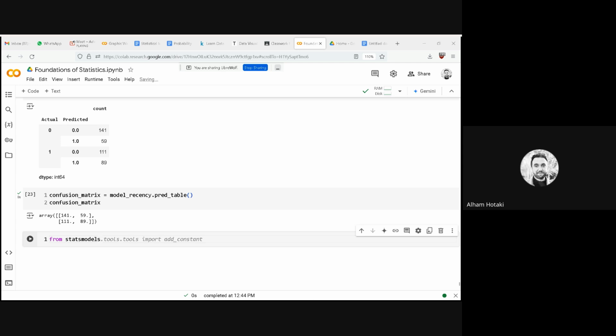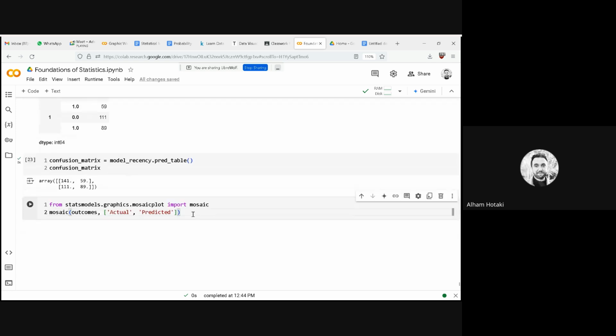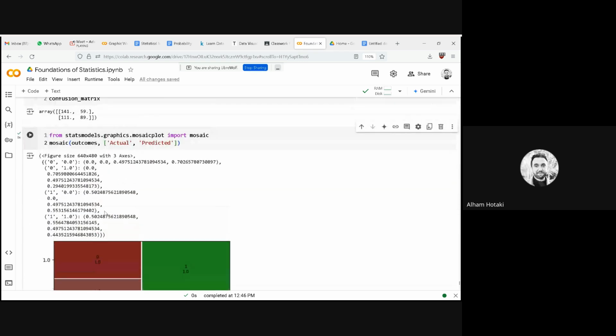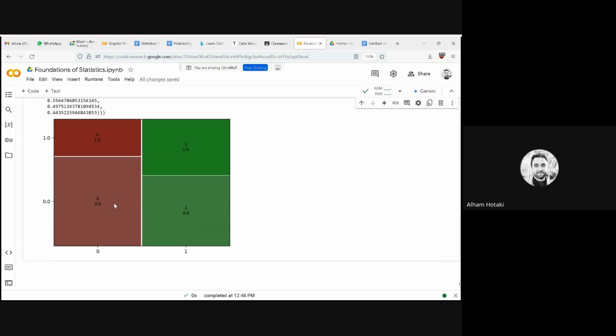We can do dot graphics import mosaic. That's perfect. Mosaic plot import, and mosaic. We can do that as well.